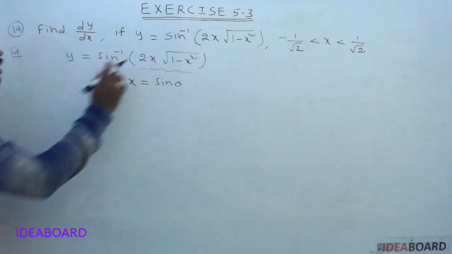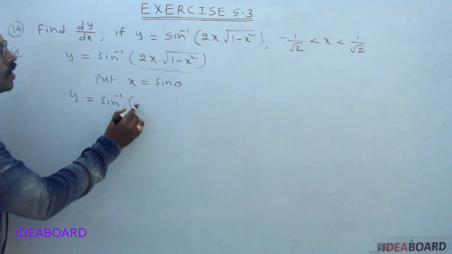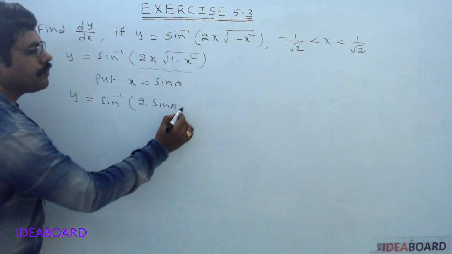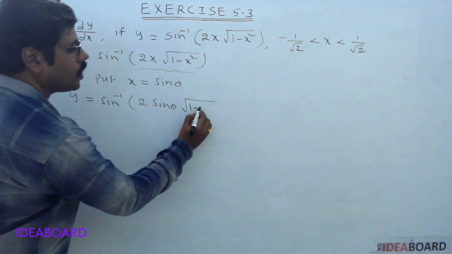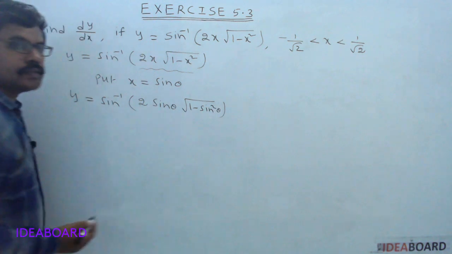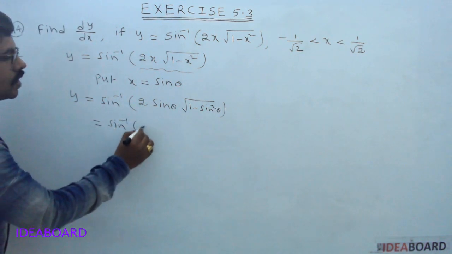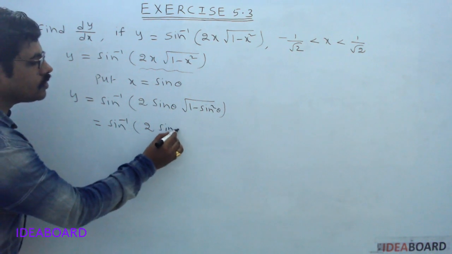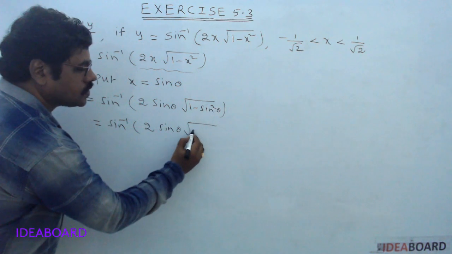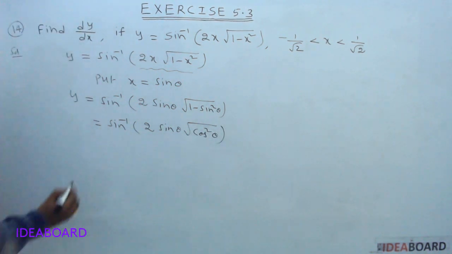Now write down x value sine theta. y equals sine inverse of 2 into sine theta, square root of 1 minus x square, that is sine square theta. Now this equals sine inverse of 2 sine theta into square root of 1 minus sine square theta. This is nothing but cos square theta.